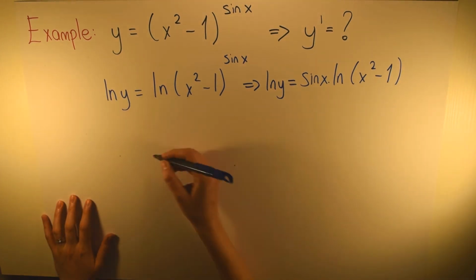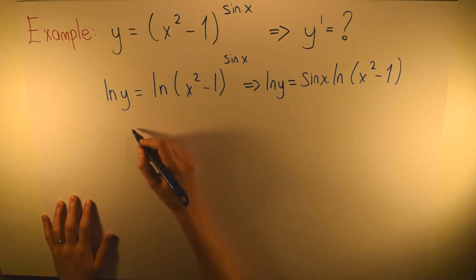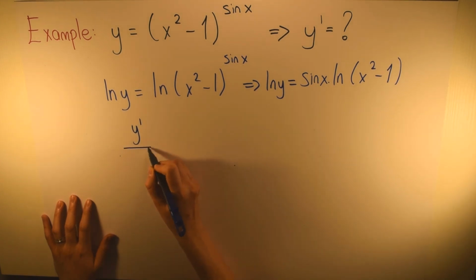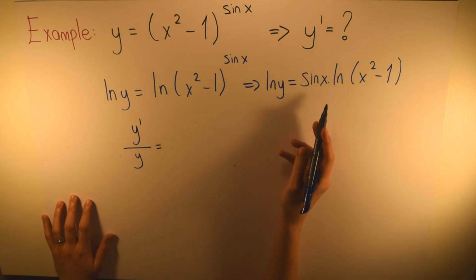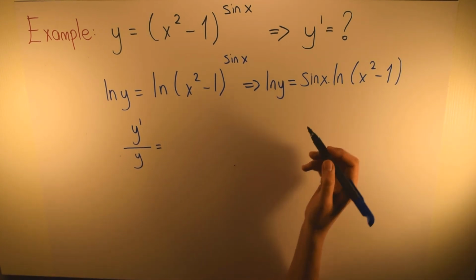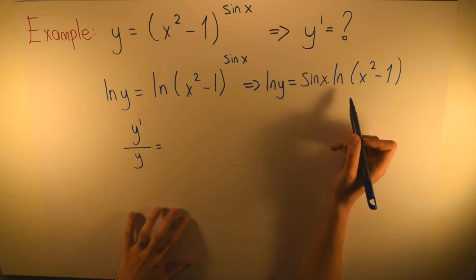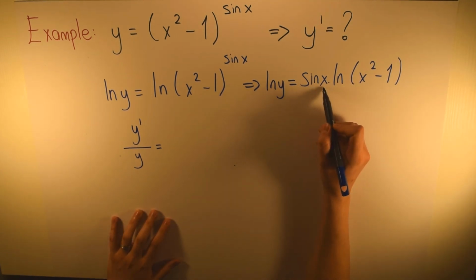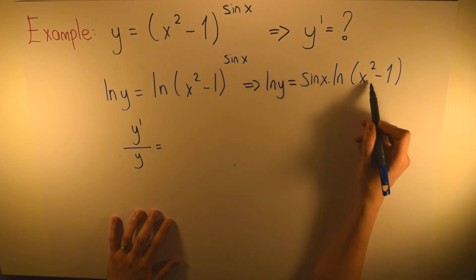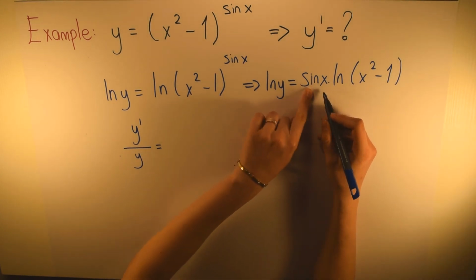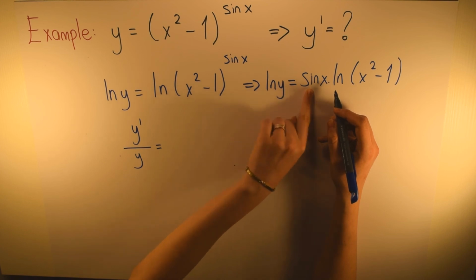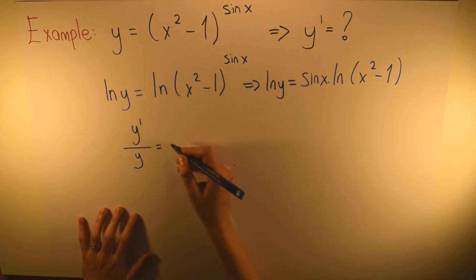So ln y, its derivative is equal to the derivative of y over y, which is equal to, we will apply the product rule here. Here sine x times ln of x squared minus 1, right? The derivative of the first one: what is the derivative of sine x? It's equal to cosine x, right?